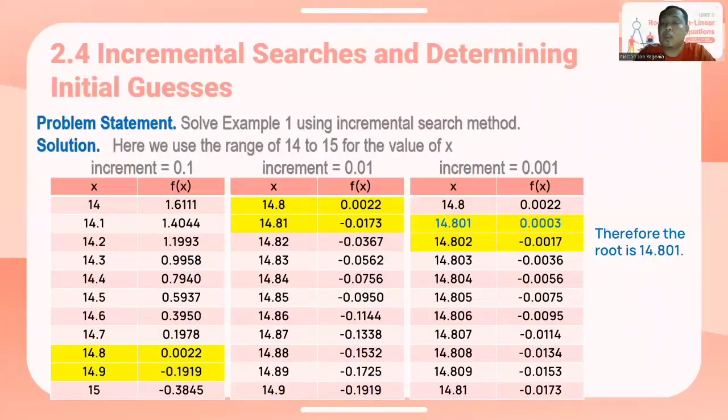On the table, using Microsoft Excel or Google Sheets, we can derive, as you can see, at 14.802, the function of x again changes sign, or got a negative result.